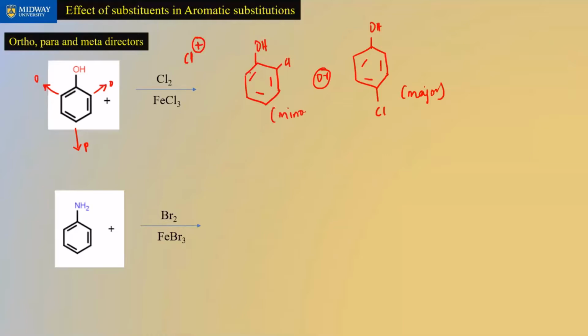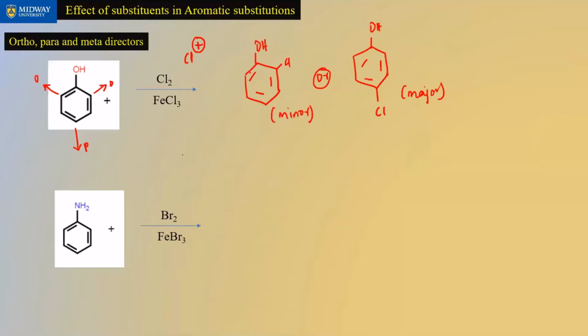So that means you will technically add 1 Cl to the ortho position or 1 to the para position. Again, when groups are further apart, they tend to be much more stable. So this would be the major product, and this would be the minor product.